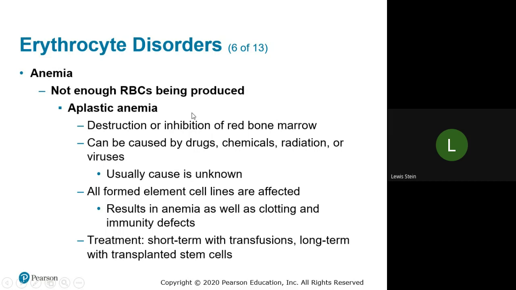Aplastic anemia. Very interesting. Years ago, we were using an antibiotic that was very powerful and very useful, broad spectrum, called chloramphenicol. And orally, a lot of people started to die from it because it was killing their bone marrow.